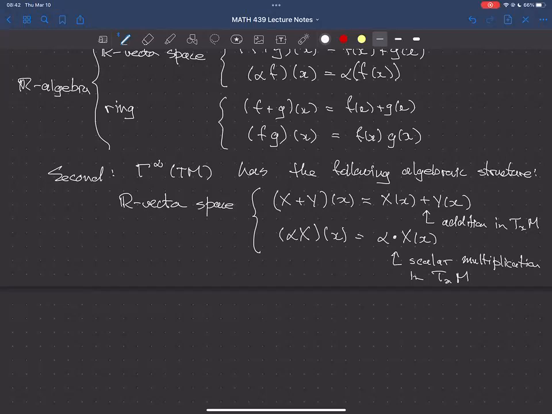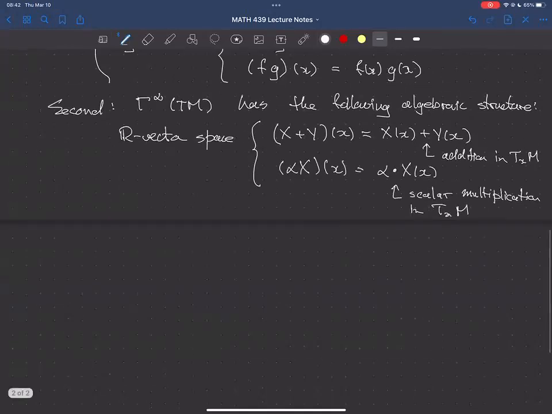I'm not doing anything that's supposed to bowl you over, except just calling things various names. And so that structure has a name. The name of that structure is that it's a module. It's a module over a ring, and the ring is the ring of smooth functions.